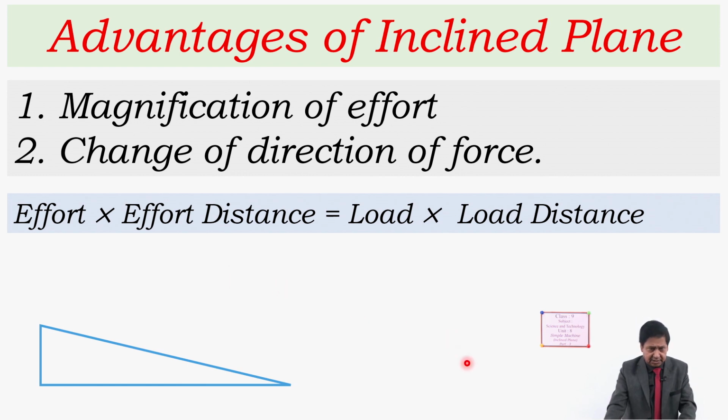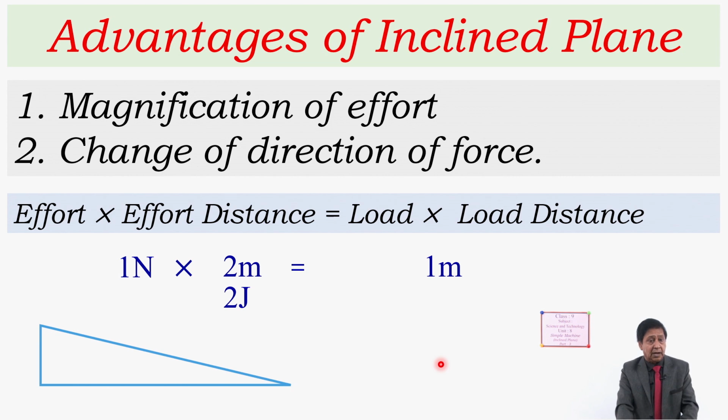We can take some mathematical values. Look at this. If effort distance is considered to be 2 meter, then certainly load distance is less. I am taking it as 1 meter. And if 1 Newton effort is applied in left hand side, what happens? The product of 1 Newton and 2 meter becomes what? 2 joule. 2 joule is in left hand side.